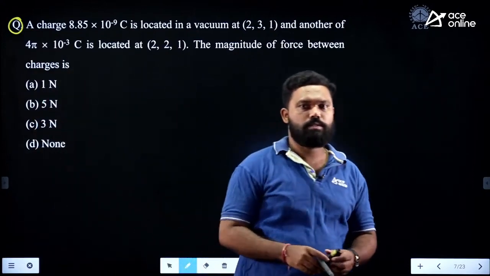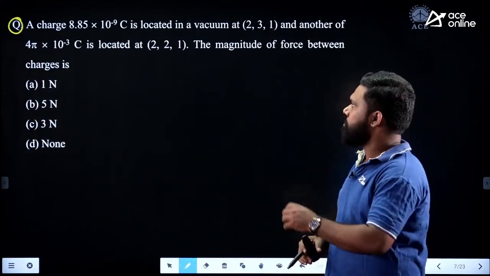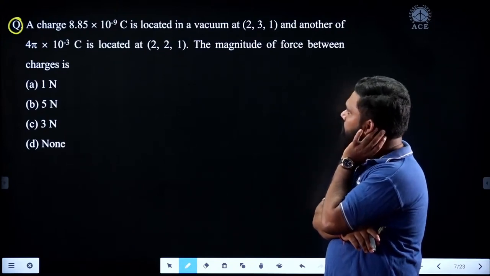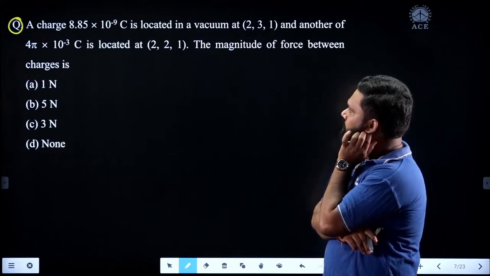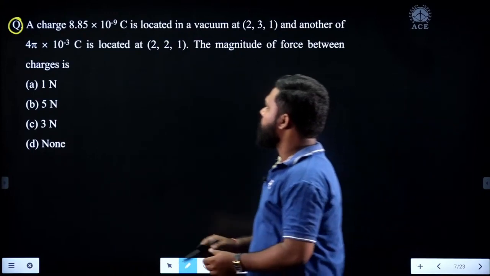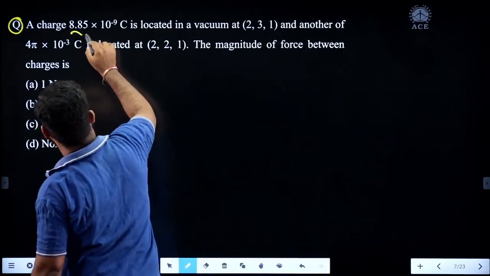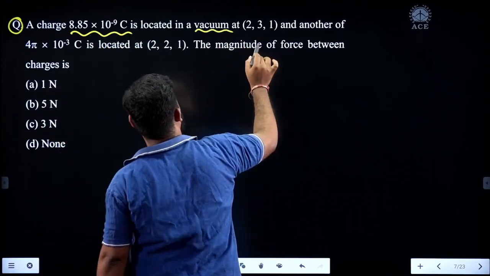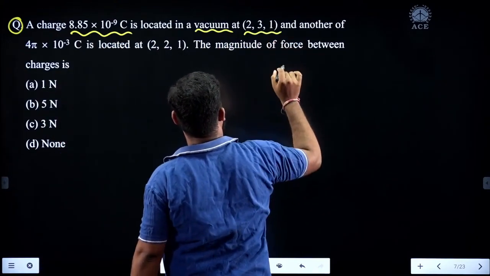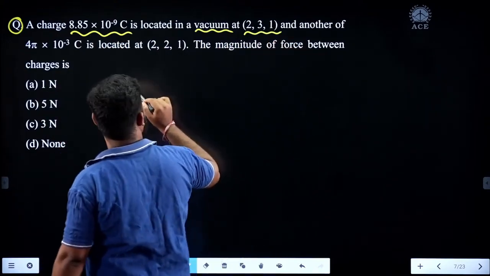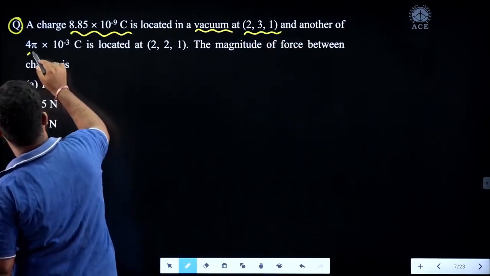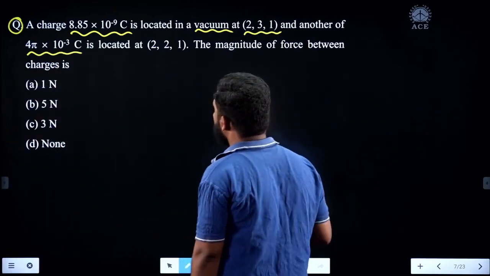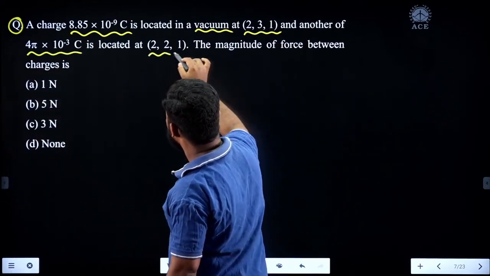A charge of 8.85 into 10 to the power of minus 9 coulombs is located in vacuum at (2, 3, 1) and another charge of 4 pi into 10 to the power of minus 3 coulombs is located at (2, 2, 1).